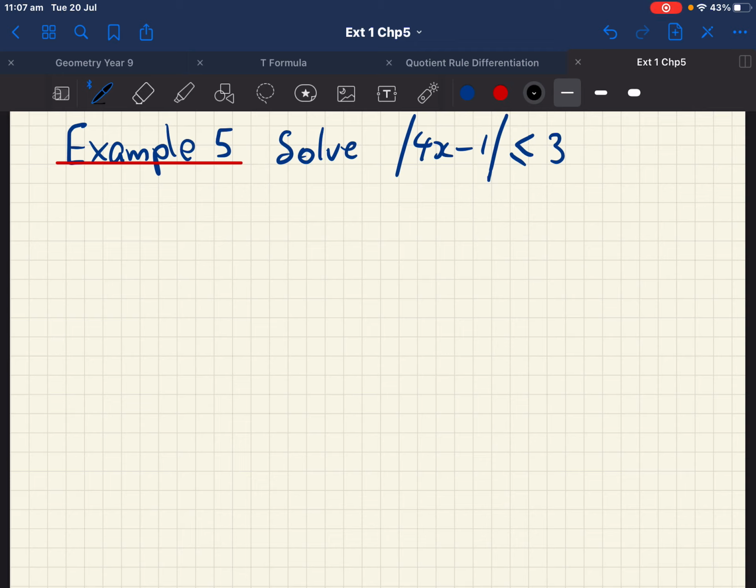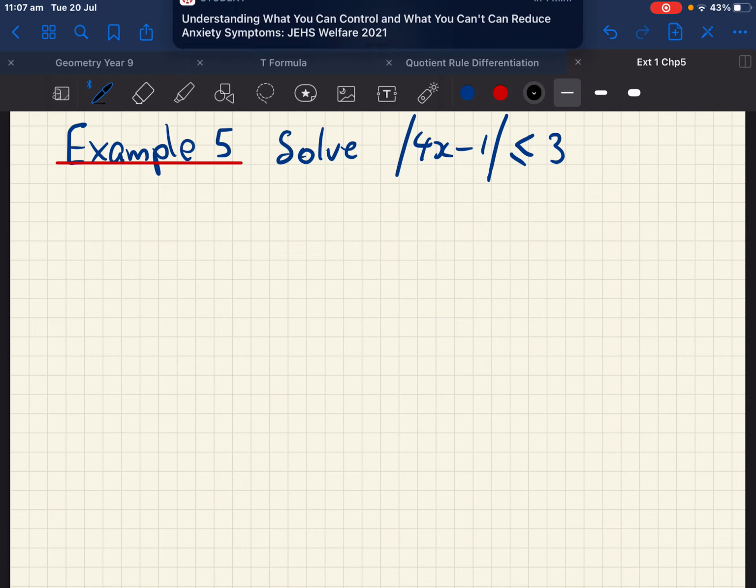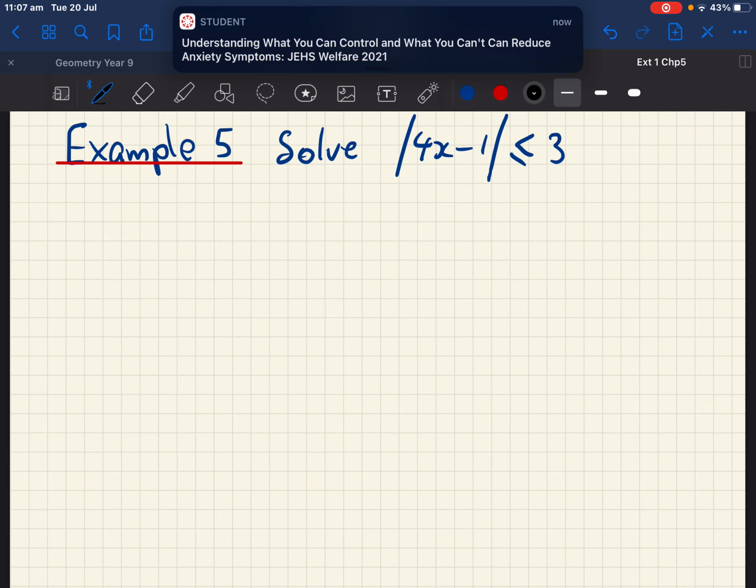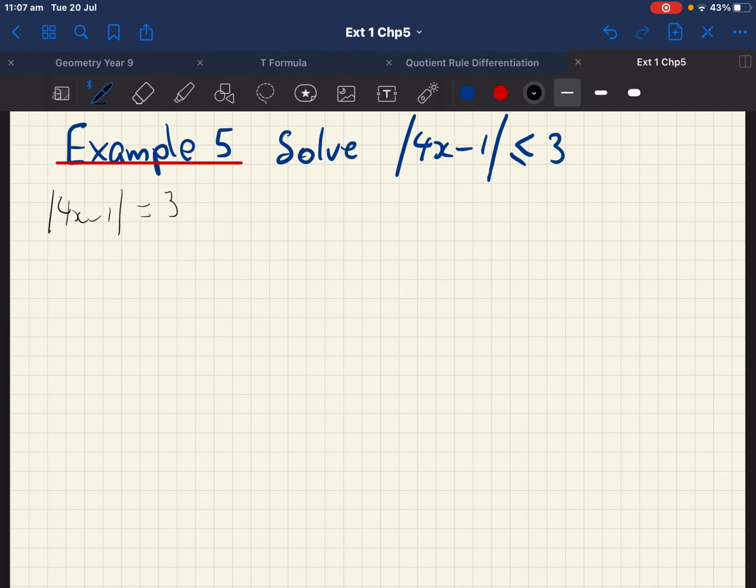So let's say you wanted to use the critical values method for solving this inequation here. So what you would do is you would pretend that the inequality doesn't exist. Just replace it with an equal sign and just solve this thing like normal. In this case, however you end up doing it, I'll use the positive and negative case.